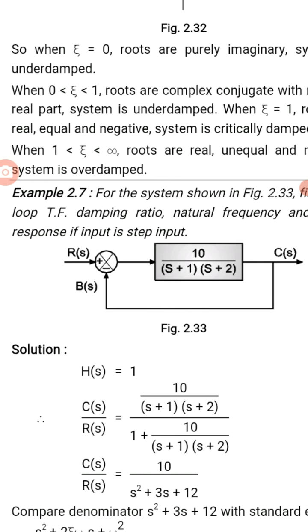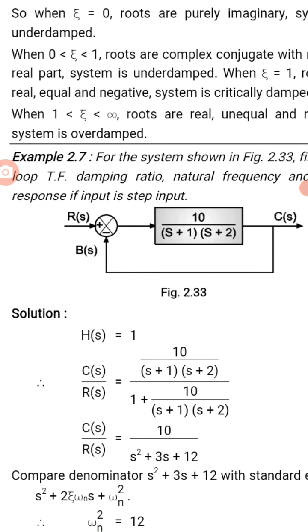We only have to memorize the equation omega n square upon s square plus 2 zeta omega n into s plus omega n square, that is C of s upon R of s, and compare with this equation. There will be a real-time problem like this in the question paper. There will not be any derivation proving that for underdamped oscillations the system output is oscillatory. We only have to draw that and solve a problem on it. So a problem may come in the question paper, keep in mind.